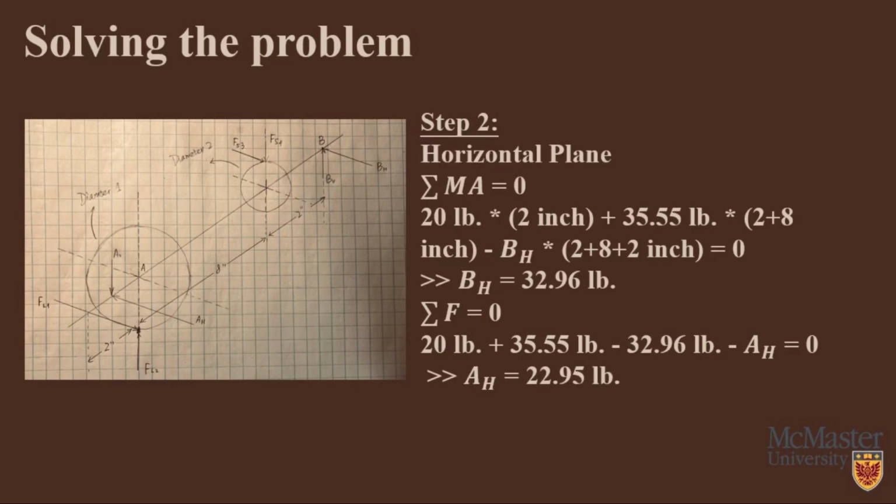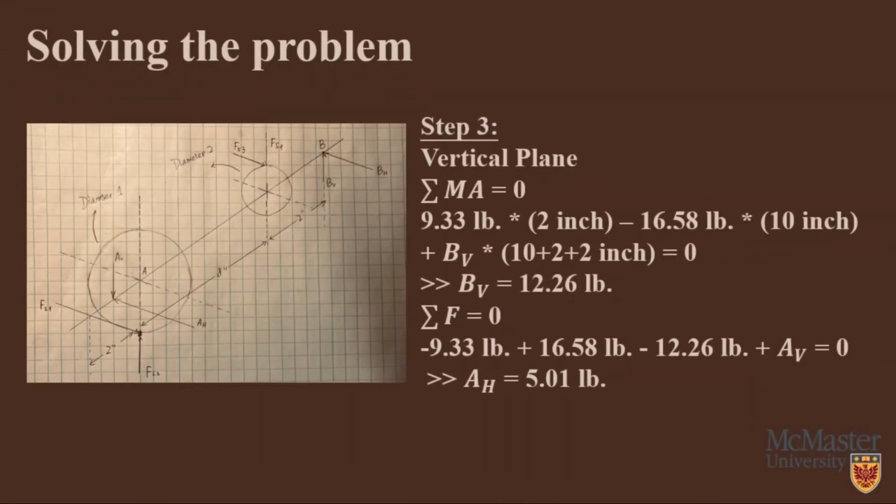From this equation, we can figure out that BH equals 32.96 pounds. Sum of forces equals 0. The 20 pounds plus 35.55 pounds minus 32.96 pounds minus AH equals 0. From this equation, we can figure out that AH equals 22.95 pounds.